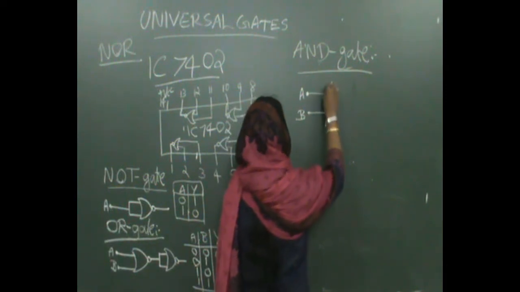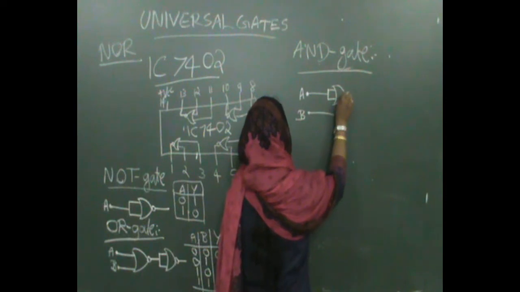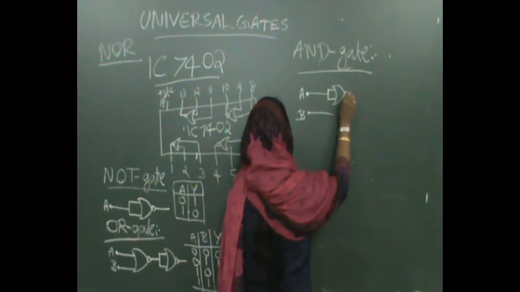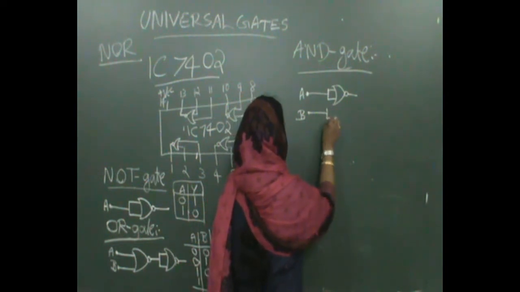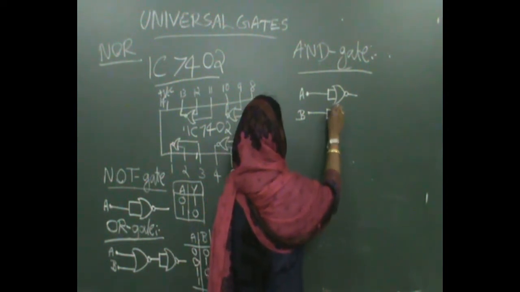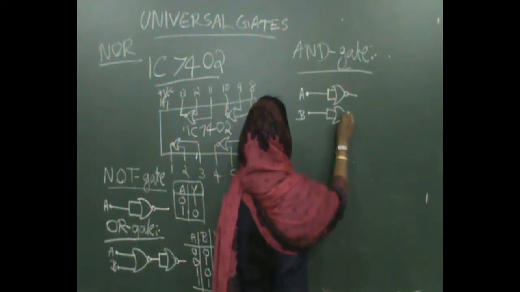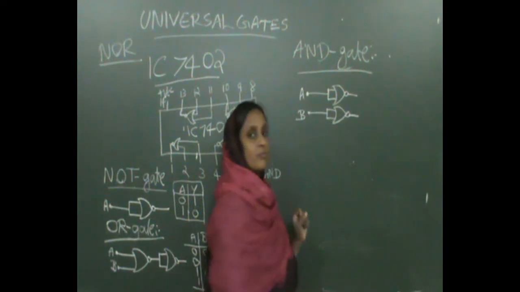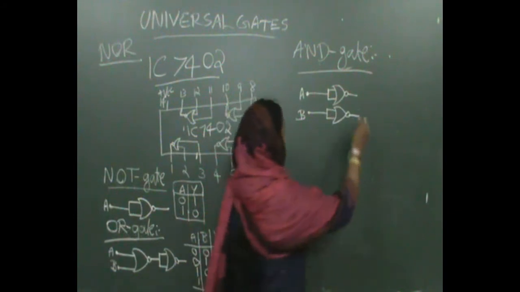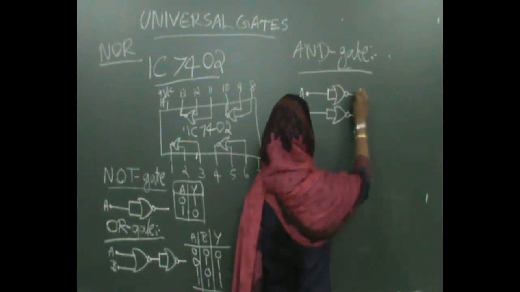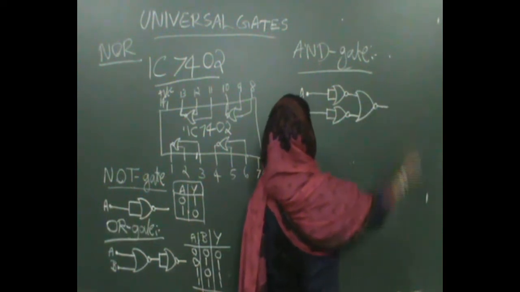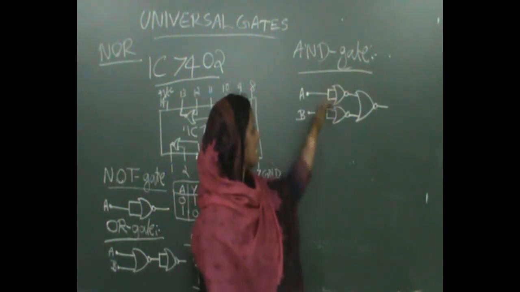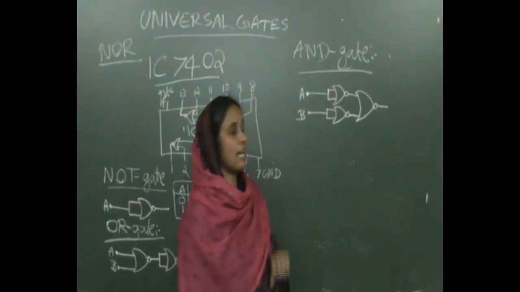So here I put a NOR gate like this, and similarly one here. Now I can put another NOR gate here. This circuit behaves just like an AND gate.